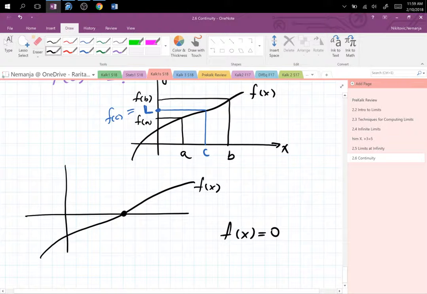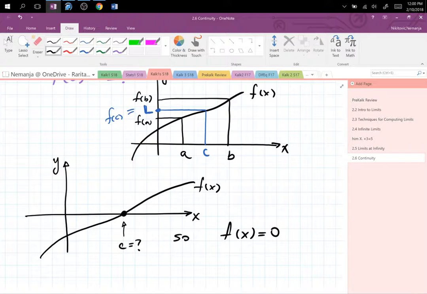So you are looking for this value. What is the value c so that f of x is equal to 0? This is what it means to solve an equation. You are looking for the x-intercept. And the solution of that equation is the x-intercept on the graph.